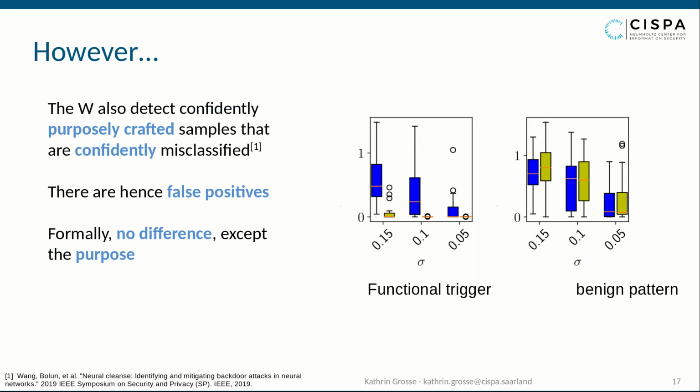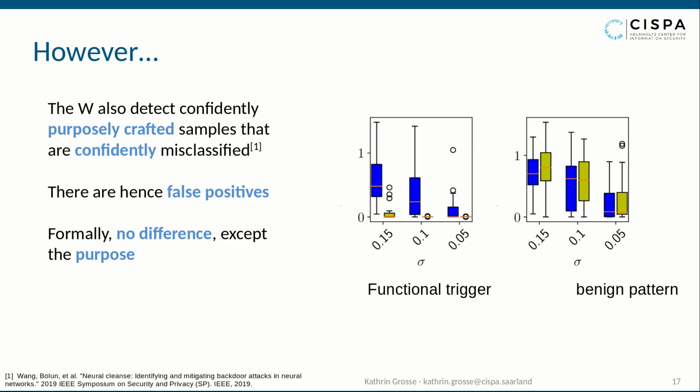However, since we're in security, we always try to break our own defenses. What we did in this case is we applied a trigger generation mechanism called NeuroCleanse. NeuroCleanse generates trigger candidates by taking a large set of the test data and then finding a perturbation, similar to a universal adversarial perturbation, that works for a lot of these images and results in the same class.